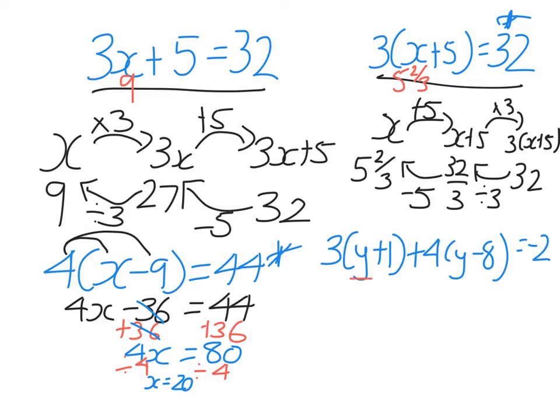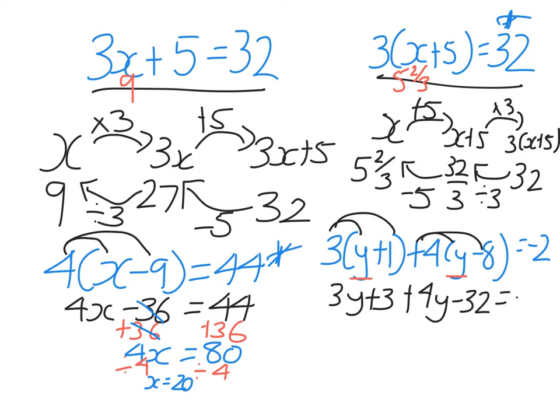Because y, the pronumeral, is in more than one spot, I must first get it to one spot so I can solve. So I've got to expand the brackets here. 3 times y, 3 times positive 1, plus 4 times y. 4 times negative 8 is negative 32. Okay, and I haven't done anything to this side, so it stays equal to negative 2.